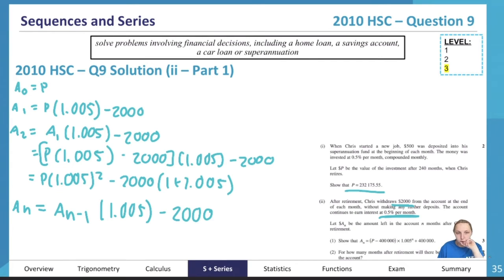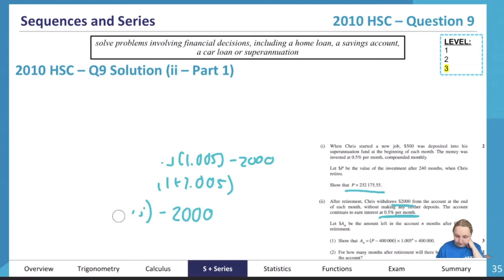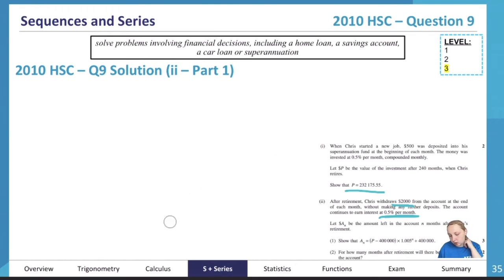Hopefully that makes sense. I might have to erase this so that I've got enough room. Hopefully you remember that. So we said that A_N was equal to A_(N minus 1) times 1.005, the interest, minus that there.